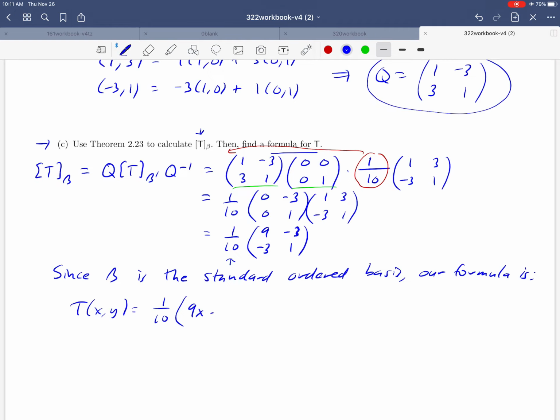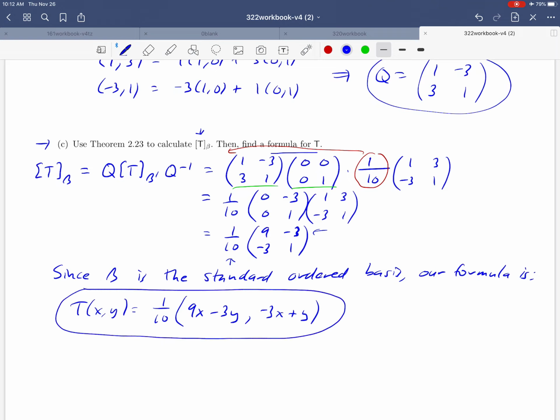So 9x minus 3y, that's coming from the first row of our matrix, and then negative 3x plus y, that's coming from the second row. Okay, and if we've done everything right, that should be the formula for this projection that we're talking about.